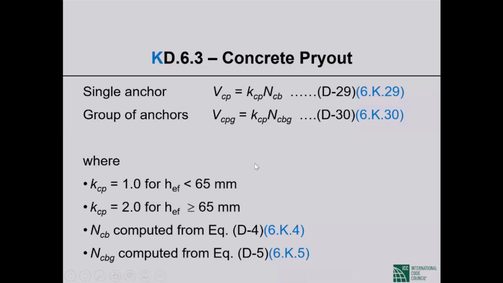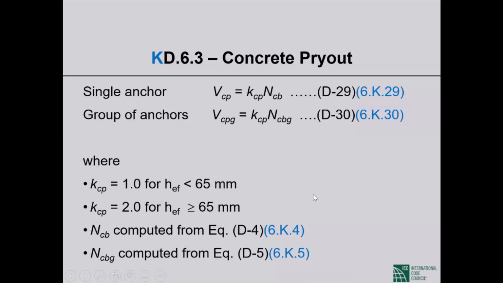So let me make a very important point so far. If you look at the other two failure modes in shear, the steel failing or concrete breakout, the embedment depth does not play any role. So is shear strength independent of embedment depth? Is shear strength totally dependent only on C sub A1?